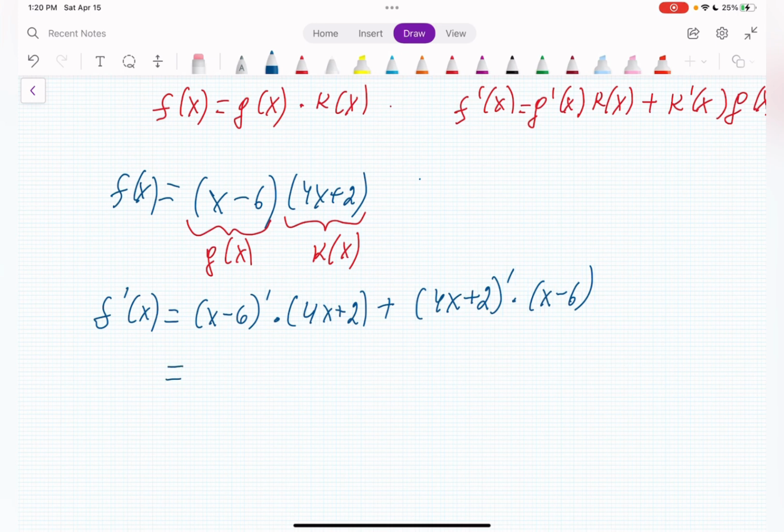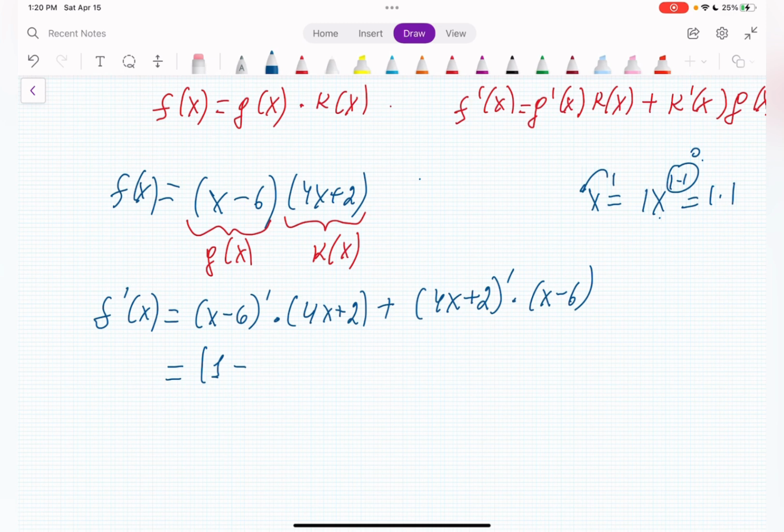Okay, let's see. This is equal to the derivative of x minus 6. So the derivative of x is 1. Because remember real quick, x to the power 1: the 1 comes in front, 1 x to the power 1 minus 1. 1 minus 1 is 0, right? So 1 x to the power 0 is 1. 1 times 1 is 1.